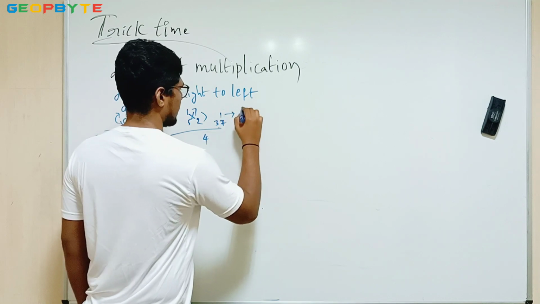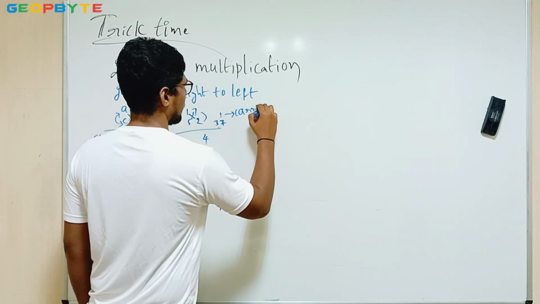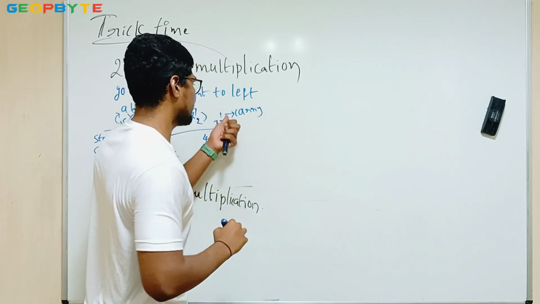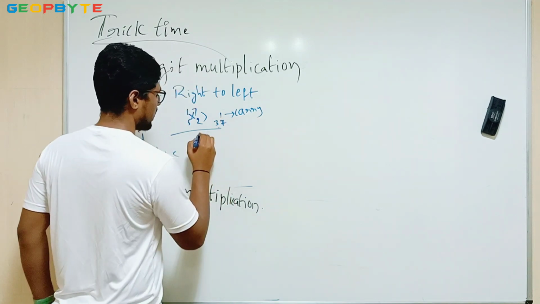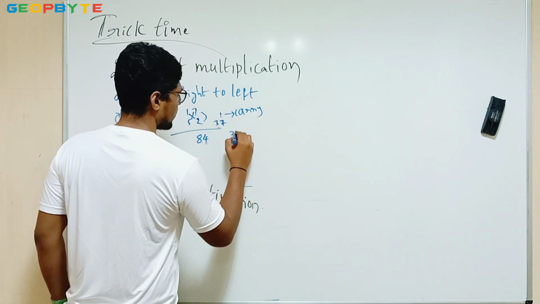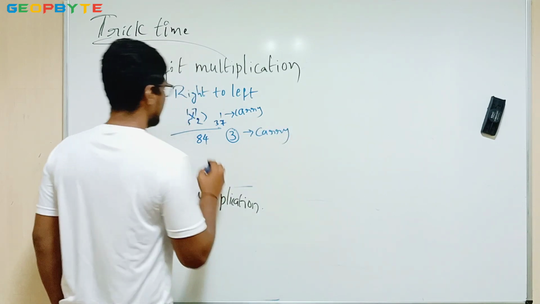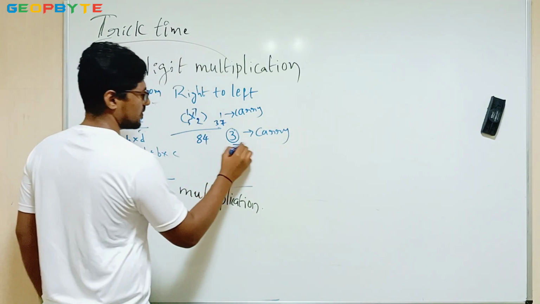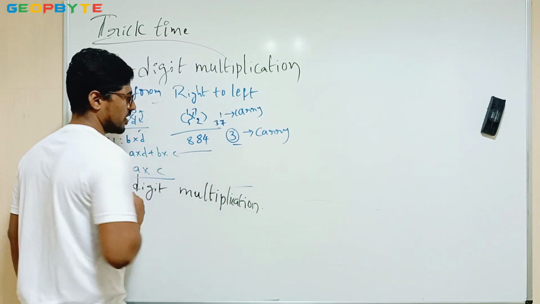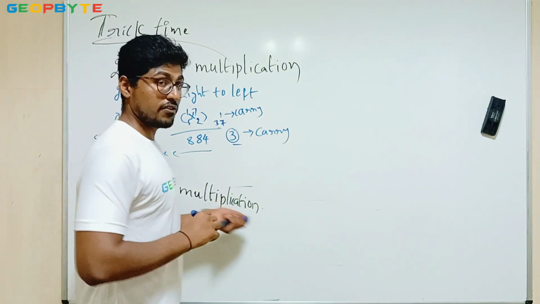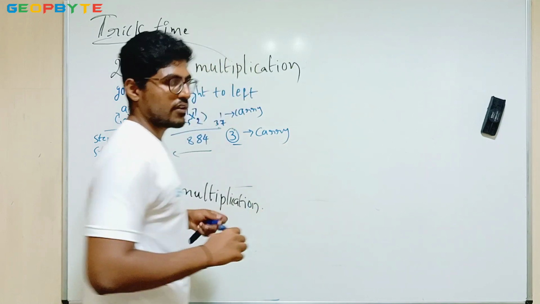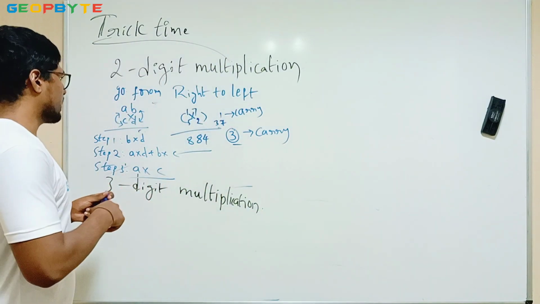This is a carry, so I have to write the carry number and add it to the next multiplication: 37 plus 1 is 38. So I write 8 in here, and 3 would be my carry again. Then 1 into 5 is 5 plus 3 is 8. 884 is my answer. That's it. If you haven't known, you can check it with the calculator and you can get that very easily. So yeah, this is the way.